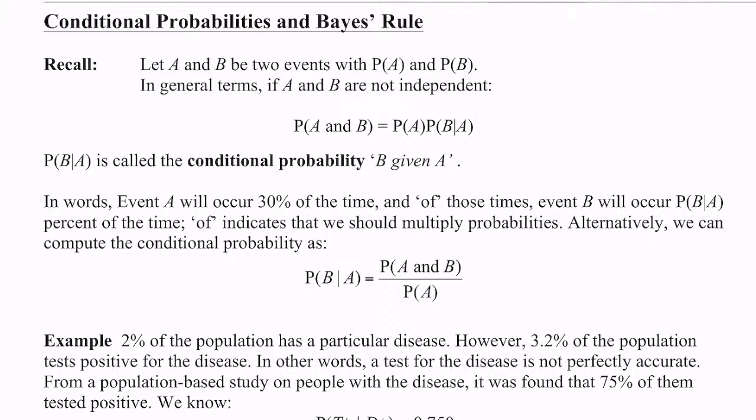Remembering the probability of A and B is the probability of A times the probability of B given A. This is the foundational definition of intersection. And we said if events are independent, then this conditional just becomes the probability of B, and you just multiply them. But in general, this is what you get.